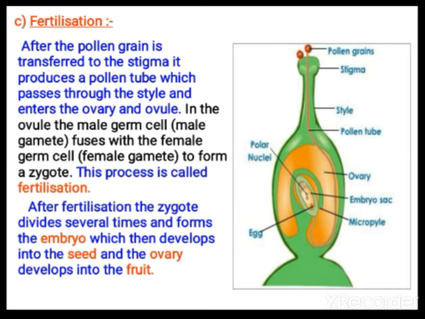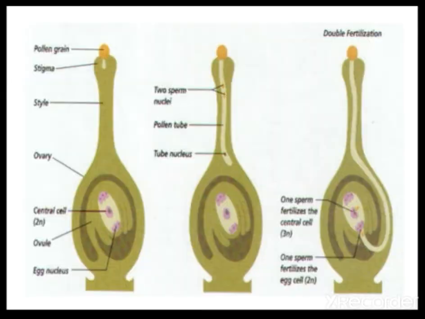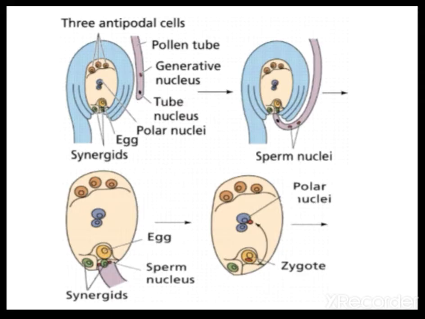Here in the ovule, the male germ cell, the male gamete, forms two nuclei. Can you see in the diagram? Two germ cells, you can see, two are there. One fuses with the egg and forms the zygote, and the other fuses with the polar nuclei.